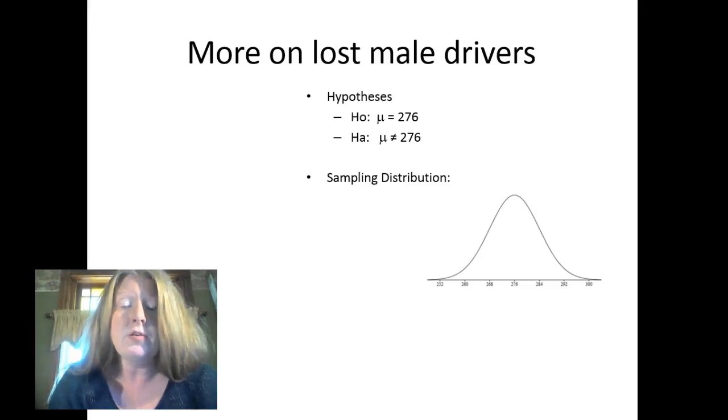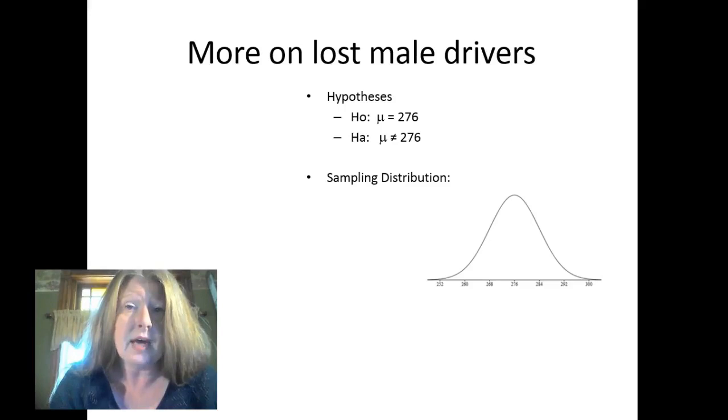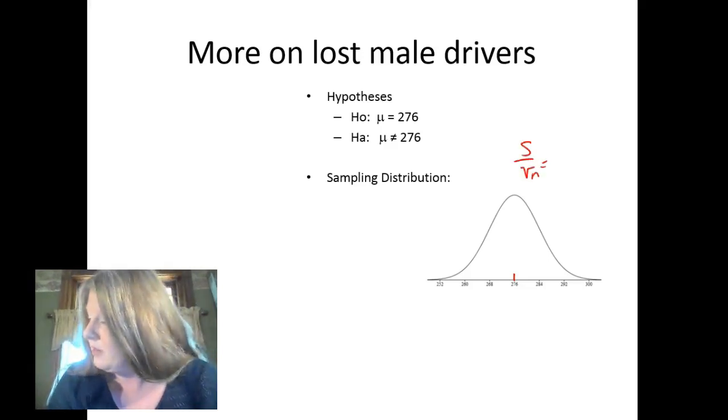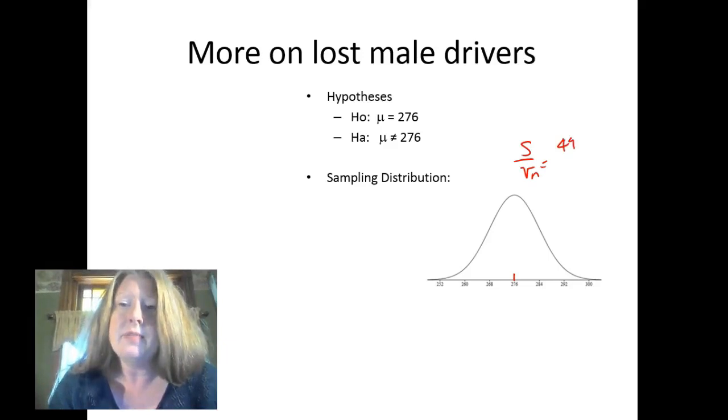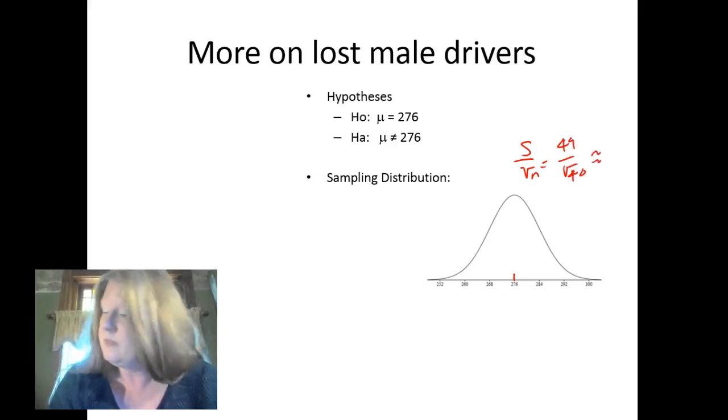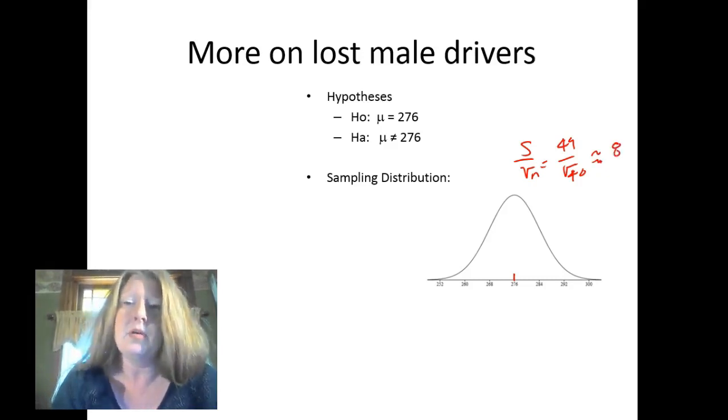We'd have a normal distribution because we have a large enough sample size, centered at 276, the claim about the population mean. The standard deviation divided by the square root of n is 49 divided by the square root of 40, which I rounded to approximately 8.